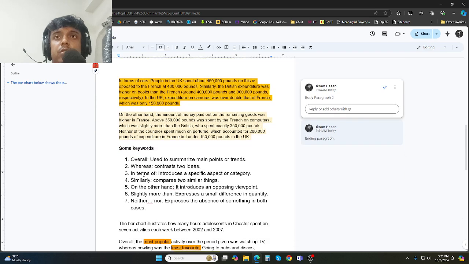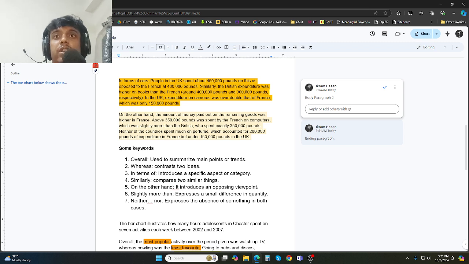So in terms of, we use "in terms of" to introduce a specific aspect of a category, and we use similarly. The keywords, if you can see, "similarly" compares two similar things. Then "on the other hand" introduces an opposing viewpoint.